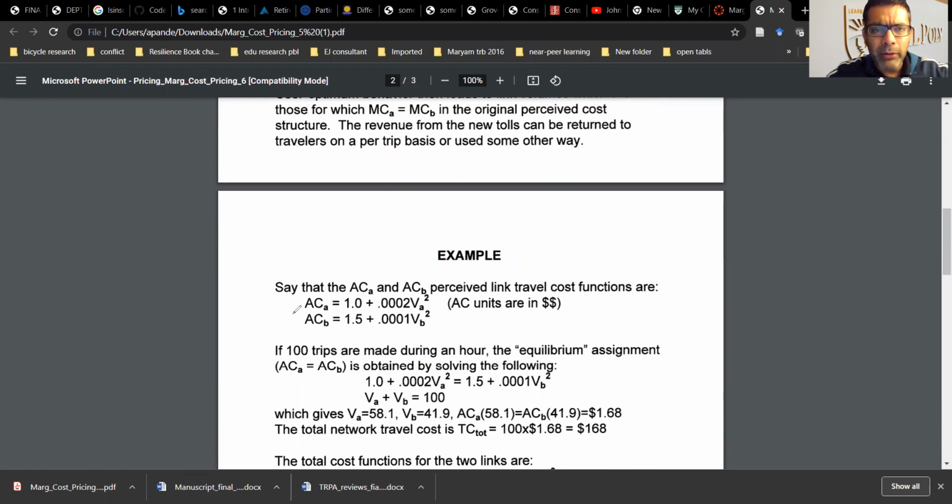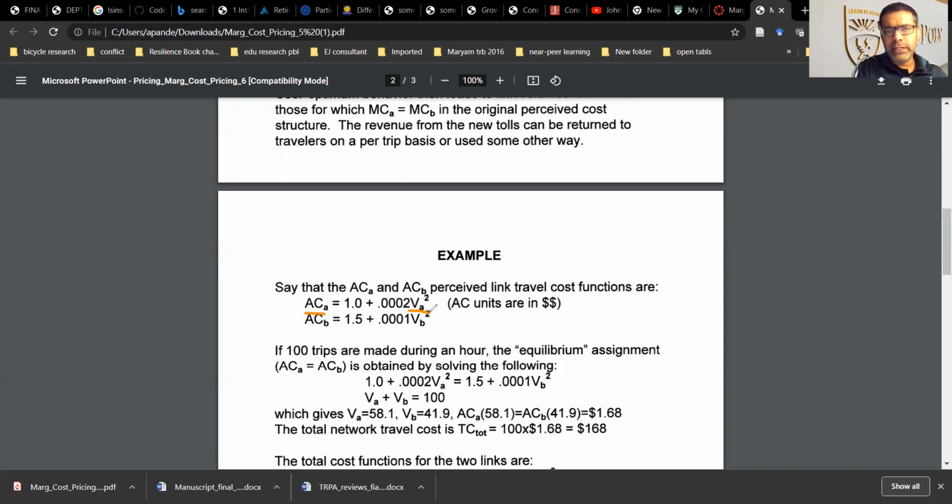What we're talking about is that you are given the average cost functions for two different routes, and these are called ACA and ACB. And average cost functions are always defined based on how many users you're serving on the road, right?